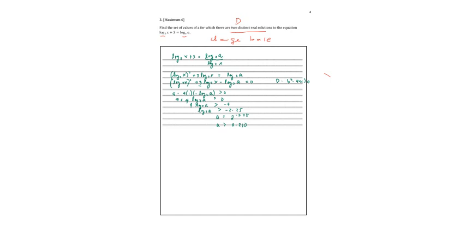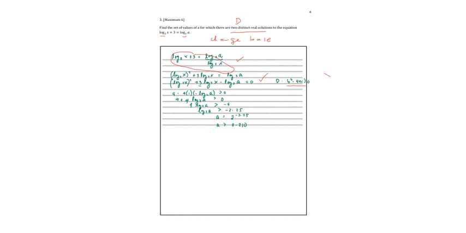So log base x of a is the same as log base 2 of a over log base 2 of x. So cross multiplying, we have log base 2 of x squared plus 3 times log base 2 of x, and we're left with log base 2 of a. And then using the general formula, we can find the discriminant b squared minus 4ac is greater than 0 because there are two distinct real roots.